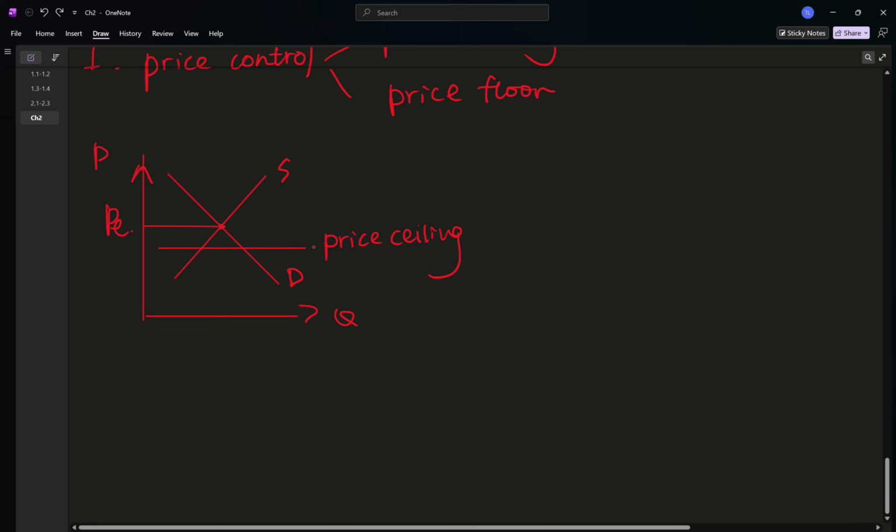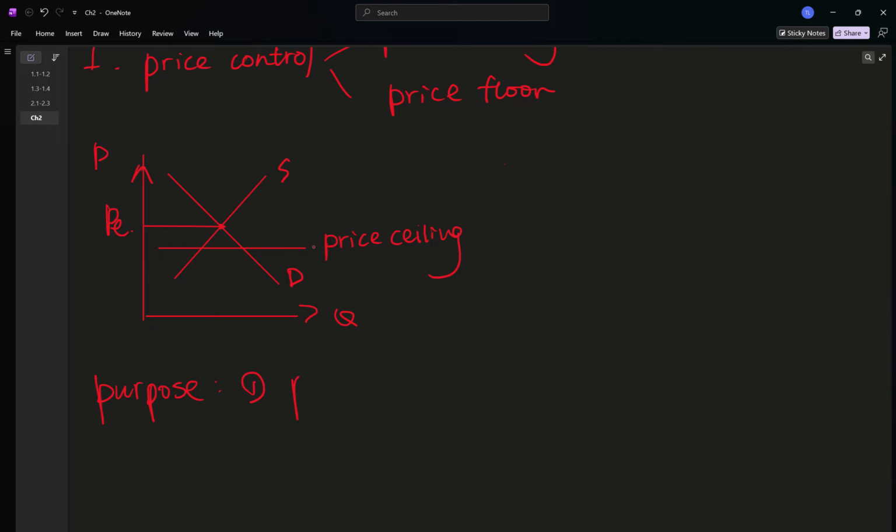So what is the purpose of a price ceiling? There are different purposes. The first thing is to prevent producers from overcharging.